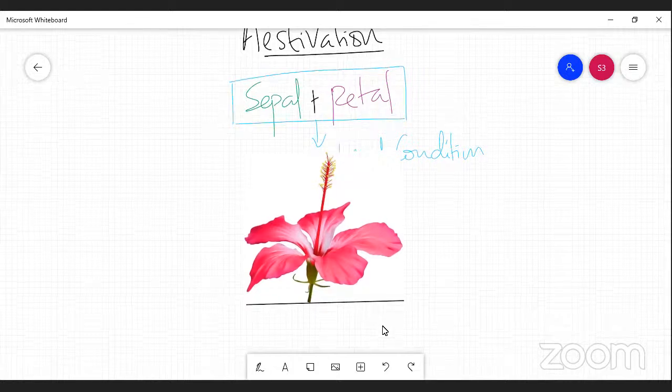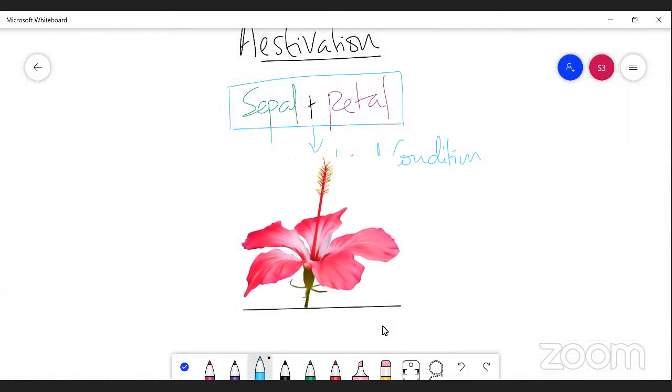How are they arranged? The sepal is green in color, and the attractive part is called the petal. The sepals and petals arranged in the bud condition of a flower is said to be aestivation.